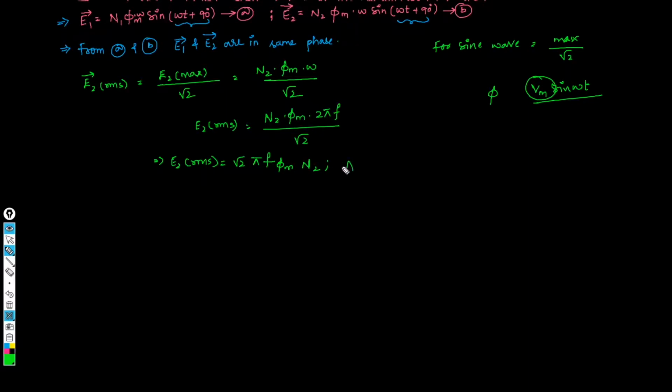Also for E1 RMS we will get the same thing, except the turns variable will change, that is root 2 pi f, maximum flux, into the number of turns, that is N1.